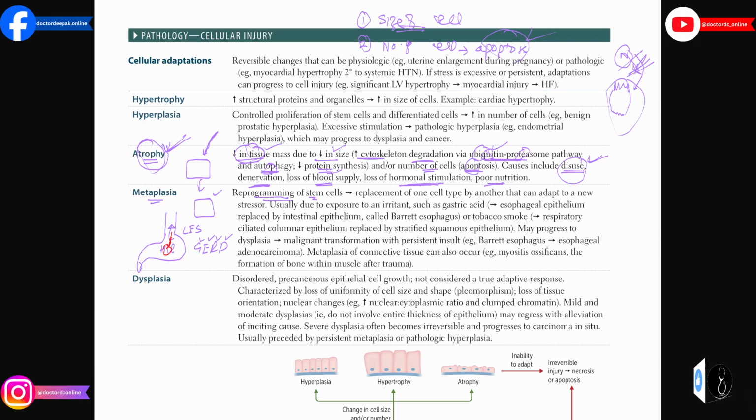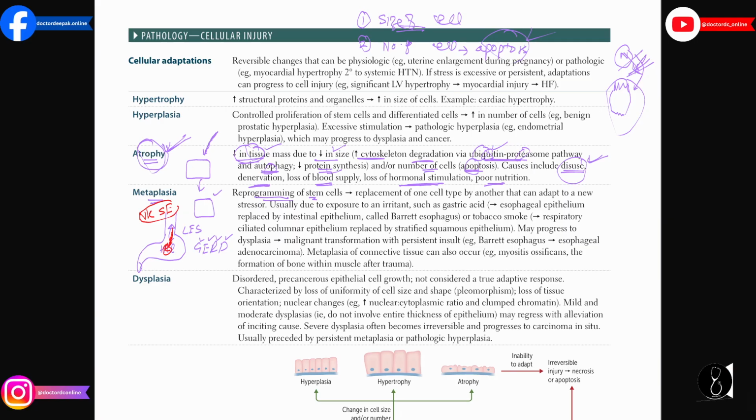Normally, the esophagus is lined with which kind of epithelium? This is an important MCQ. Normally, the esophagus is lined with non-keratinized squamous epithelium. This is the normal epithelium. But when the acid goes back into the esophagus, that epithelium is not going to handle the stress.